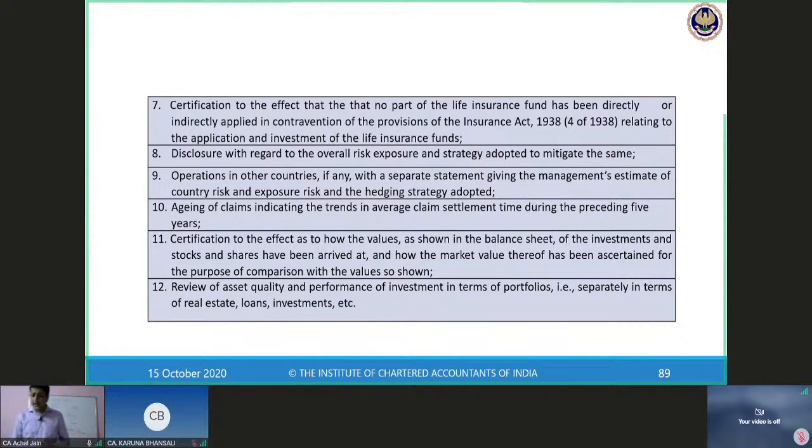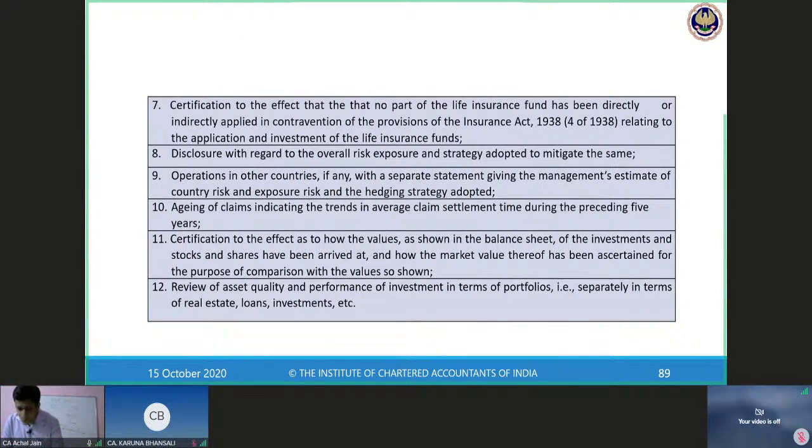Operations in other countries, if any, with a separate statement giving the management's estimate of country risk and exposure risk and hedging strategy adopted. Aging of claims, indicating the trends in average claim settlement time during the preceding 5 years.